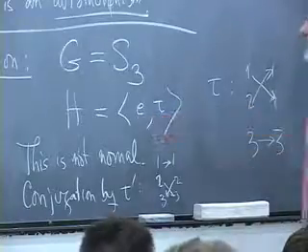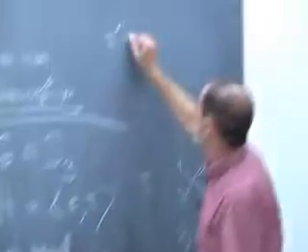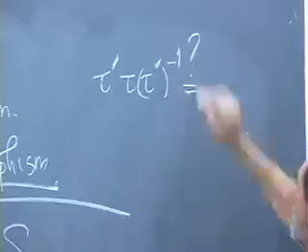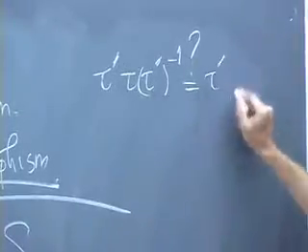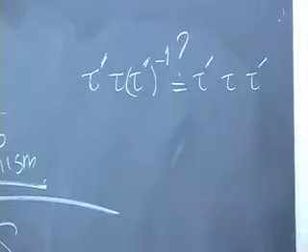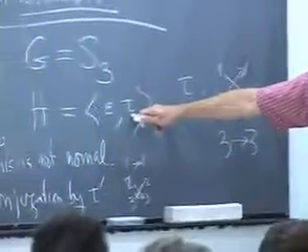So tau prime clearly takes e to itself when you conjugate. But what is tau prime tau tau prime inverse? Well, tau prime inverse is the same as tau prime. So we're calculating tau prime tau tau prime. If it's tau, we'll be able to tell by just evaluating it on 3, because tau is the unique element in the group other than the identity that fixes 3.